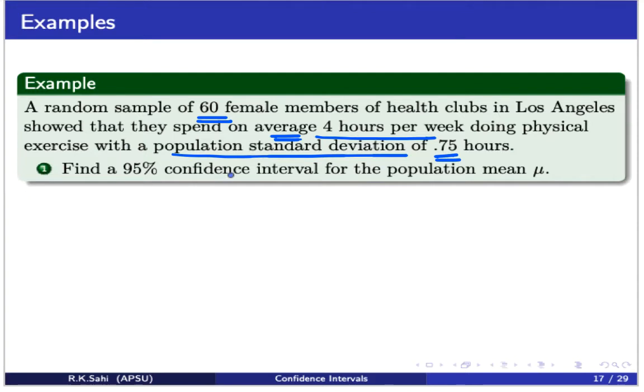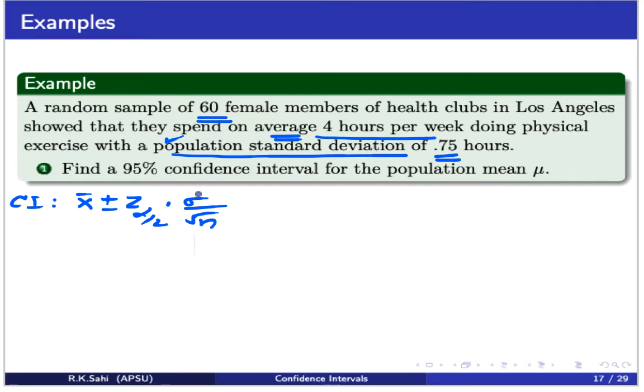So the moment you see the word confidence interval, what you should think in your mind is, what is the interval we're looking at? Population mean or proportion? So here it is mean. So that means my sample mean would be x bar, plus minus. Then we have to think about, am I given the population standard deviation or not? And here, yes. So that means my formula would be z alpha by 2 times sigma over square root n.